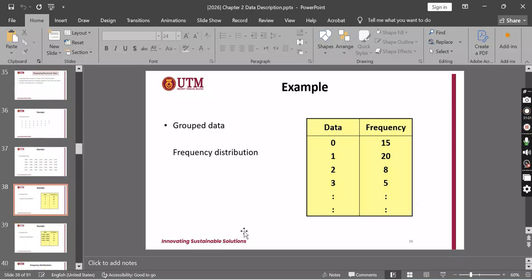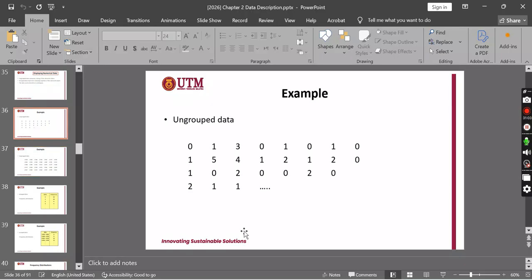Okay, grouped data. This was ungrouped data. If you want to convert this ungrouped data to grouped data, we have to find the frequency table. So a frequency table is grouped data. The raw data that we have is ungrouped data.